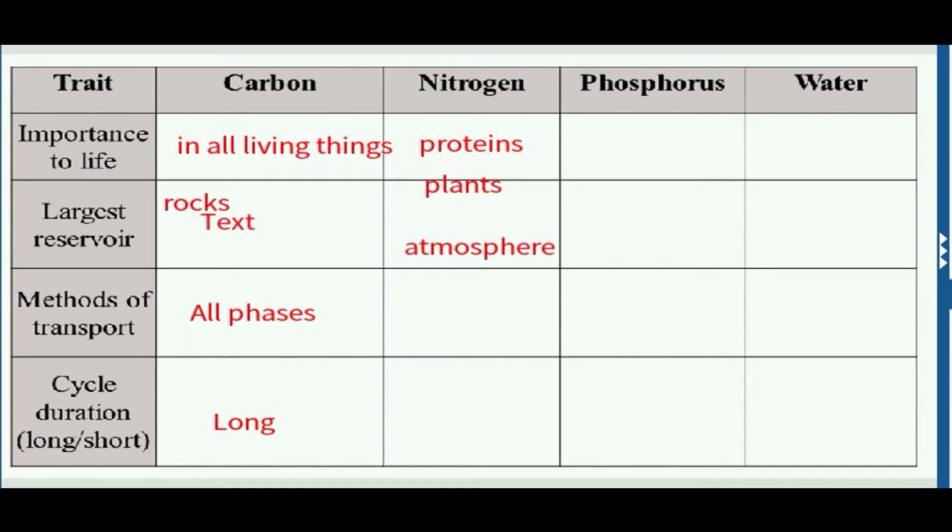I don't really like this rocks. Let's say more like living things, like ocean, trees, things like that. Rocks, I don't know, I'm not really thrilled with that. This was a worksheet that someone else made, and I didn't really like it. For nitrogen, we don't have a lot of real natural methods of transport, but the cycle is short.